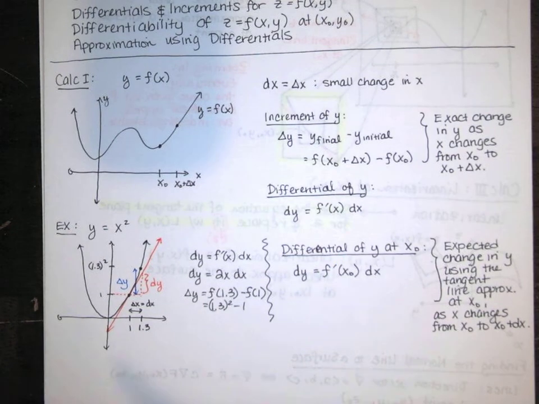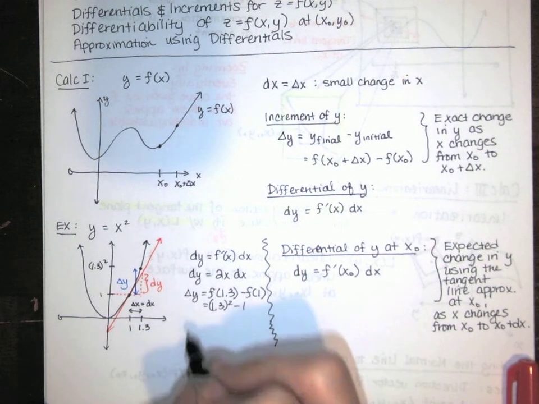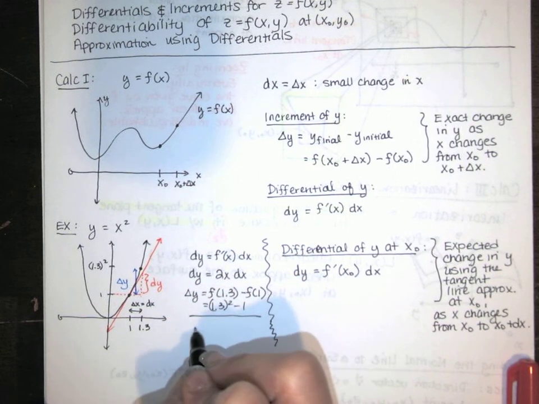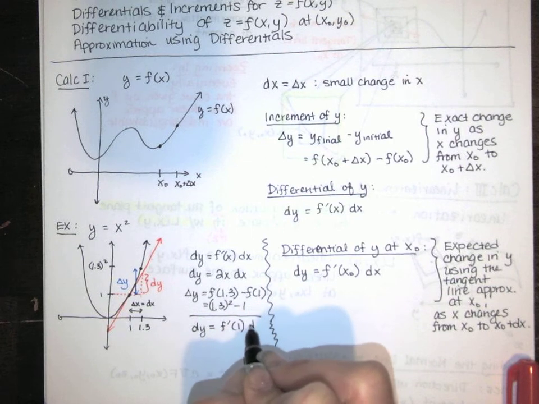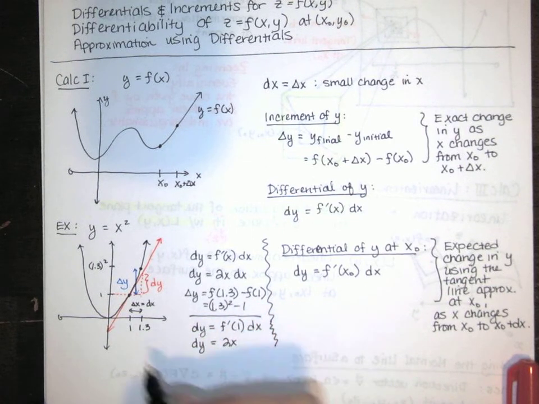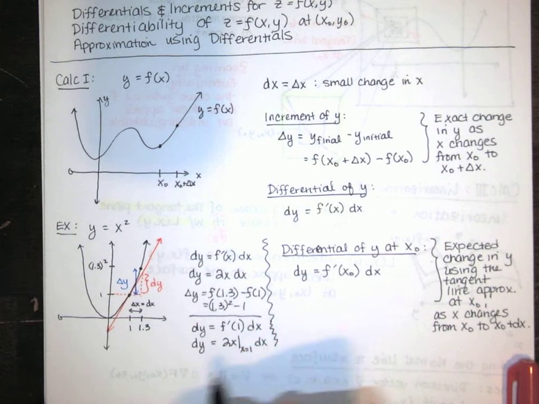Okay, so for this particular example over here, when I evaluate my differential at x naught equals 1, so this is 2x, that's my slope for y equals x squared. I'm evaluating it at x equals 1. This is saying, plug in 1 for x.